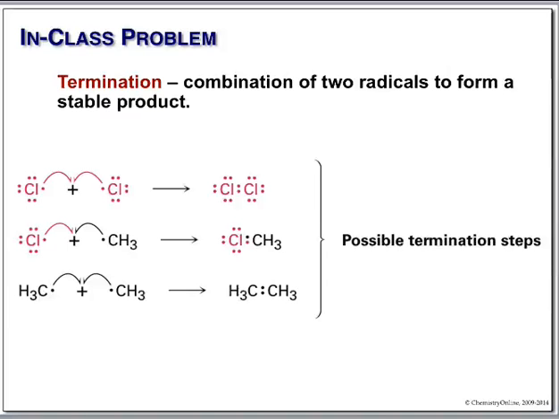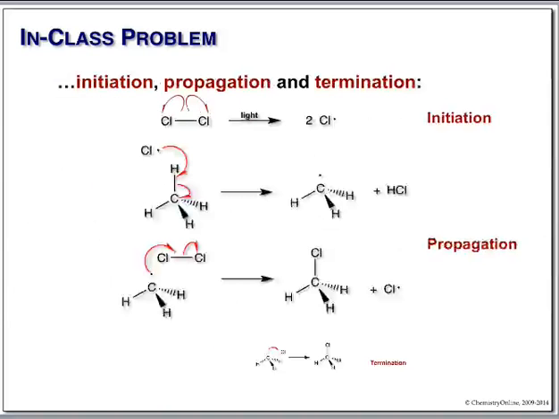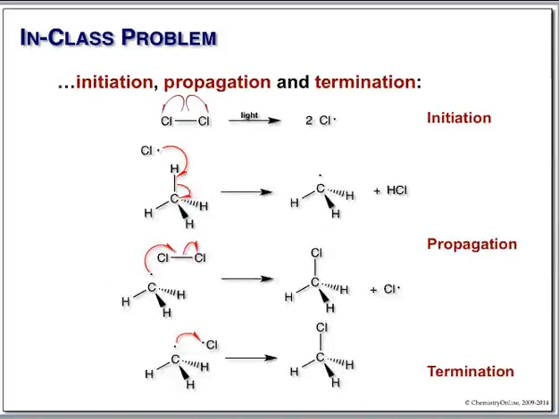These guys hang around long enough to find each other. So, this is just the reverse of the initiation step. So this goes back and forth, and then you get products trickling out. The full sequence: initiation, propagation, and termination look like this.